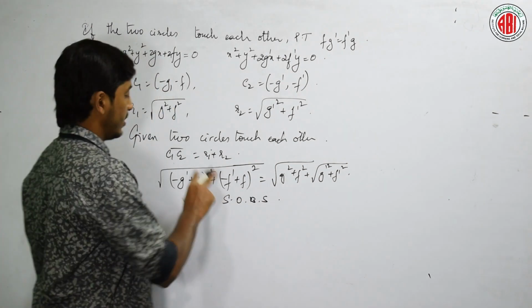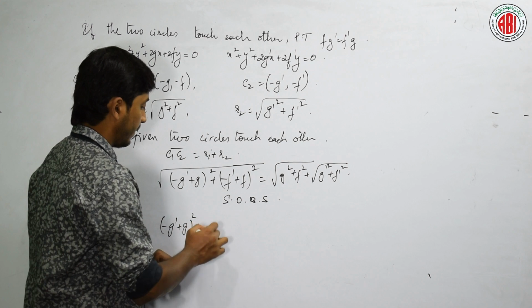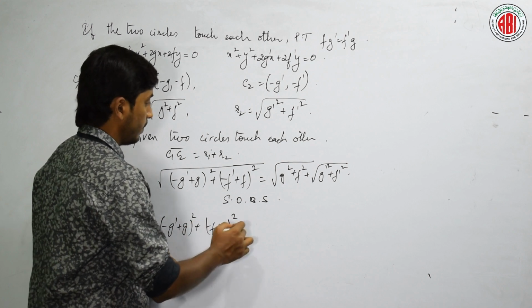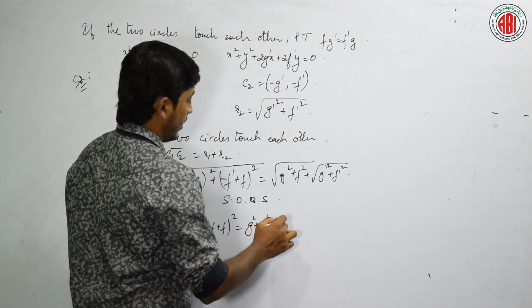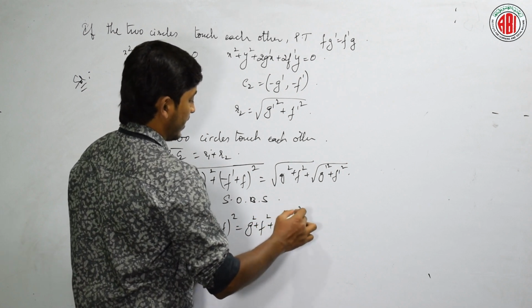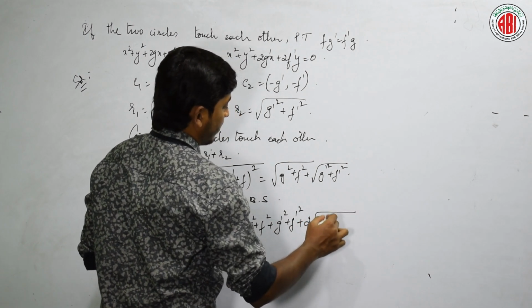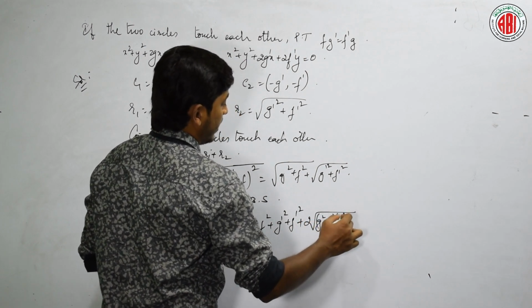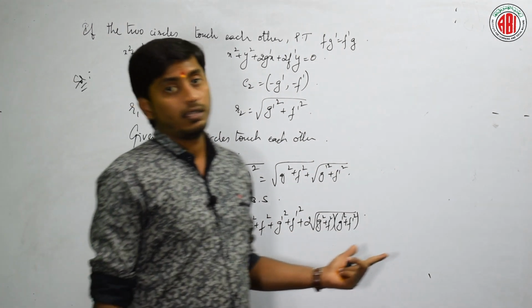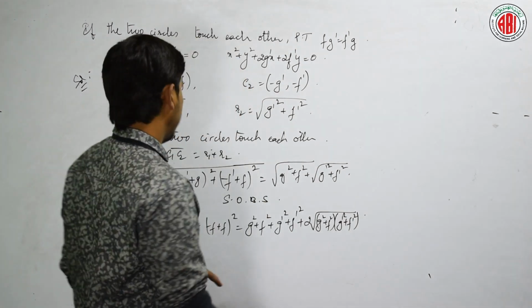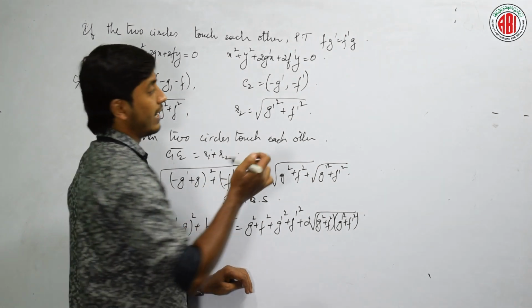What do we get? Here the square root will get cancelled. And here we will get g square plus f square plus g dash square plus f dash square plus 2 under root g square plus f square into g dash square plus f dash square. Is it right? Okay. So, let us expand the (a minus b) whole square and simplify.